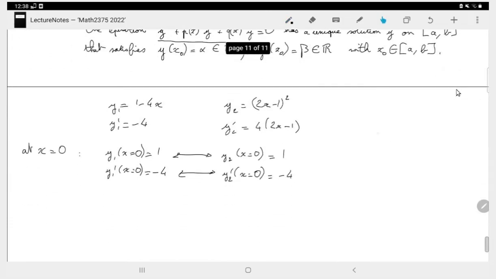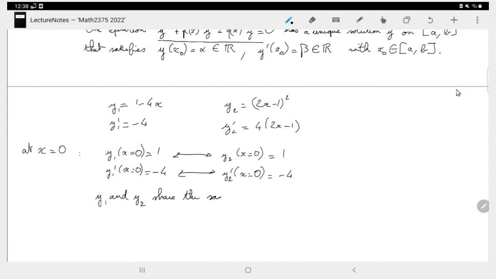Okay? So y1 and y2 share the same initial conditions. This violates the uniqueness theorem.